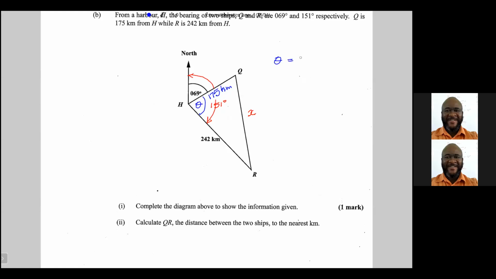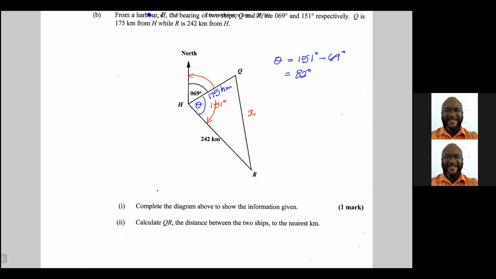Theta would be equal to 151 degrees minus 69 degrees. So this is 82 degrees.